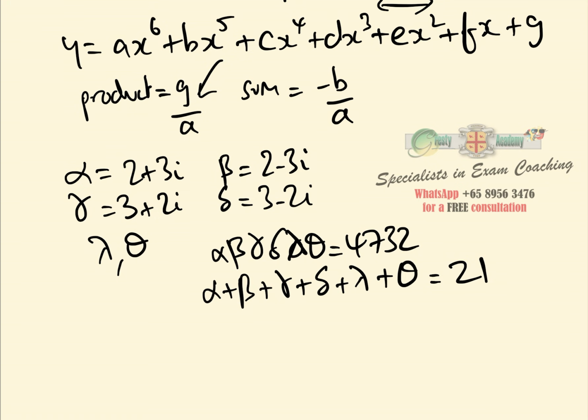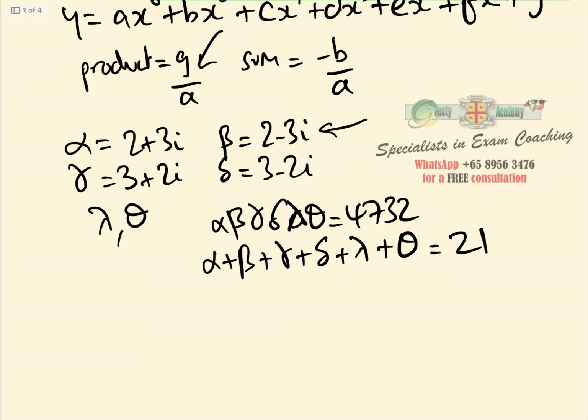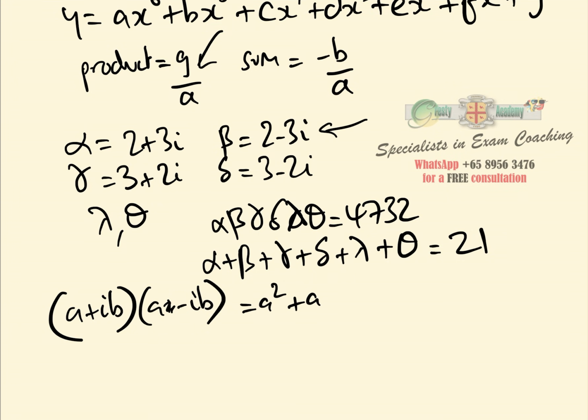Okay, so basically, as alpha and beta are conjugates, we can multiply them together and add them together very easily, because if we have two conjugates, a plus ib and a minus ib, when we multiply them together we get a squared add aib minus aib minus i squared b squared, which comes to a squared add b squared, because i squared is minus 1.